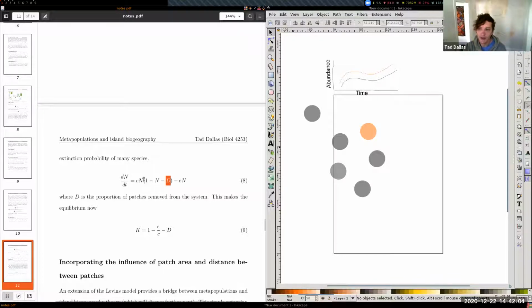So now we have the classic Levins model, where we have colonization rate as a function of occupied patches times unoccupied patches, with those that we removed, or like, I don't know, we built a gas station there or something, as just a minus D. And so when we calculate the equilibrium occupancy, the fraction of occupied patches at equilibrium, we now have D in the equation, meaning the fraction of removed patches influences the equilibrium dynamics.